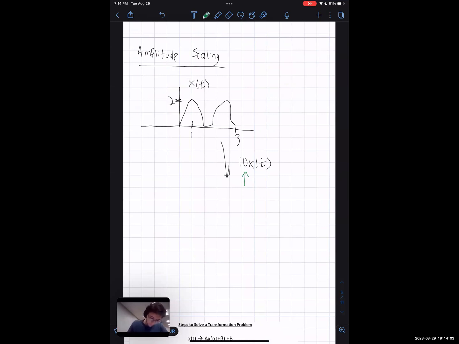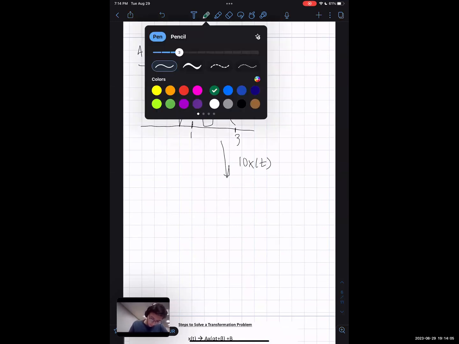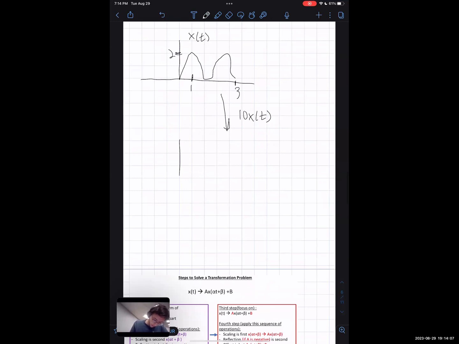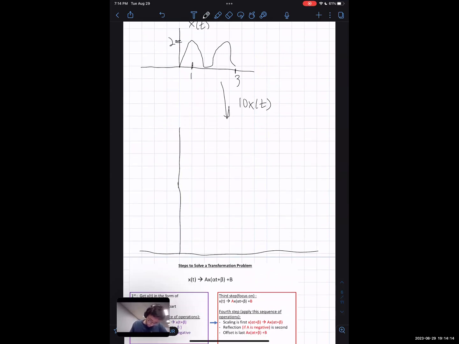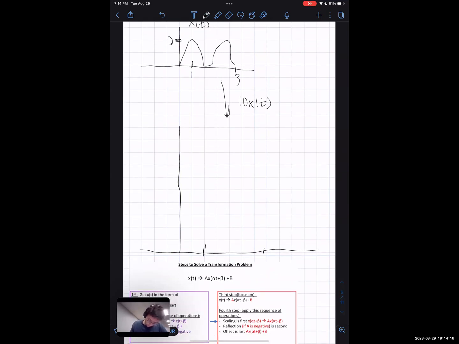Okay? So what this is going to look like is now, right now these are still the same. So the x-axis components don't change, but they're going to be much higher values. It's not exactly to scale, but okay, so now this would be 20.